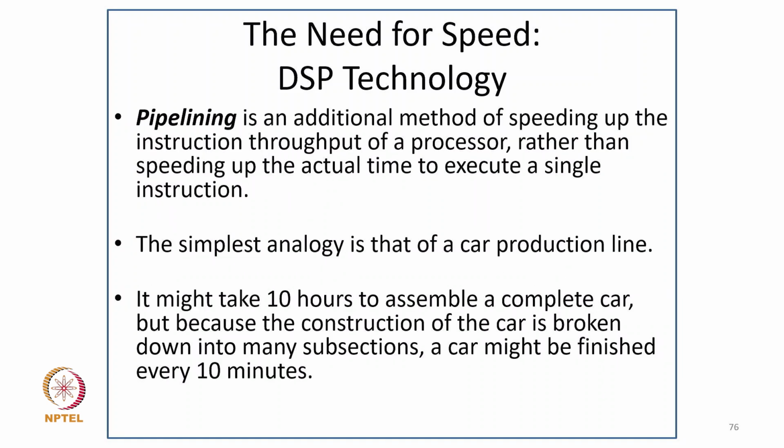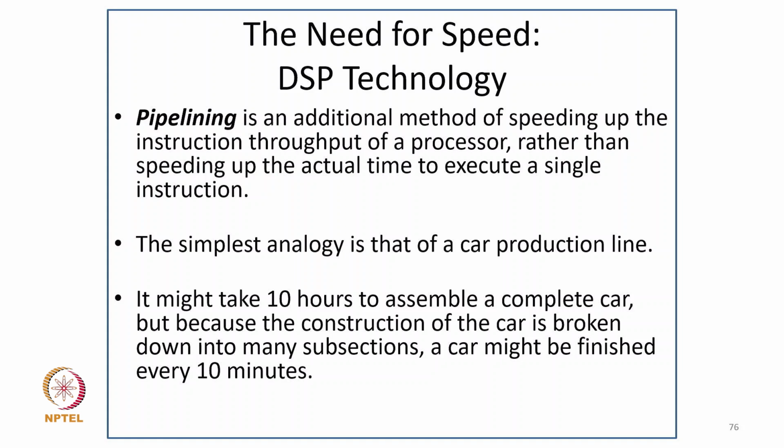Pipelining is an additional method of speeding up the instruction throughput of a processor, rather than speeding up the actual time to execute a single instruction. The simplest analogy is a car production line.